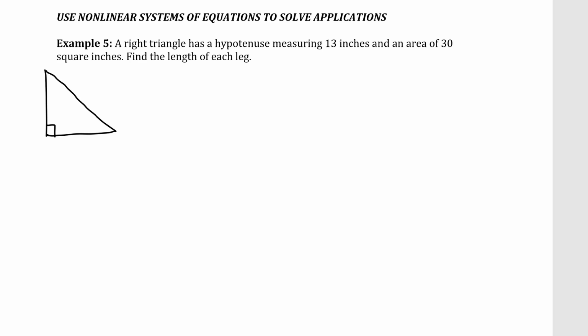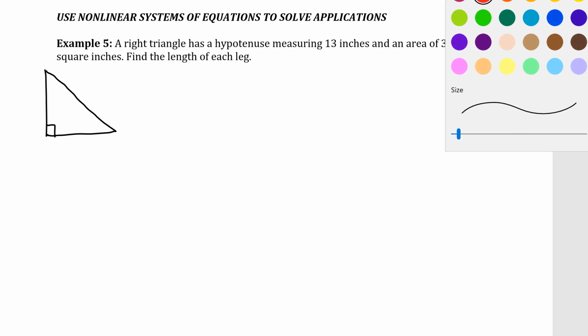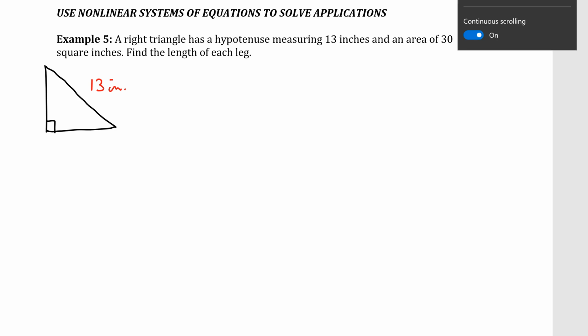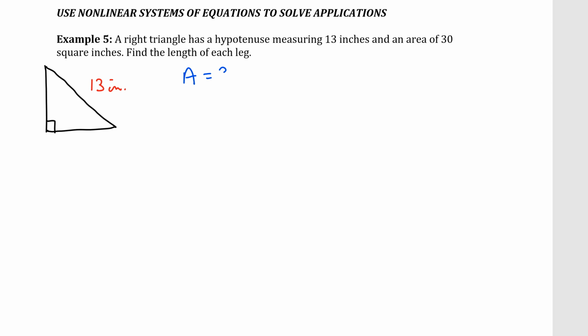and we know that it's a right triangle because I put this, and it tells me that the hypotenuse, the side across from my right angle, is 13 inches. The area is 30 square inches.